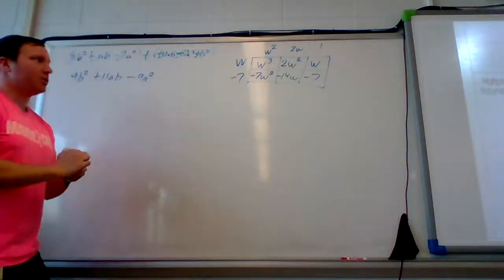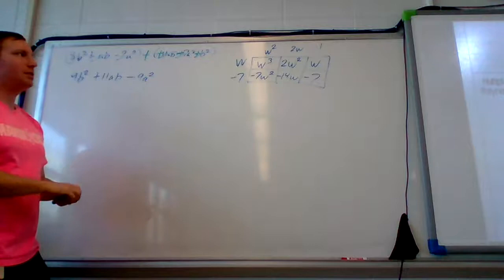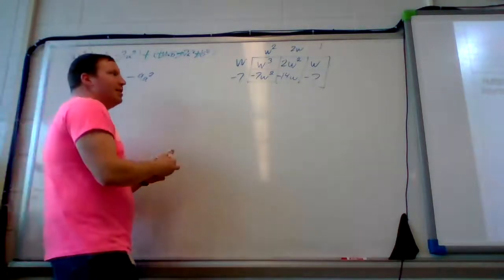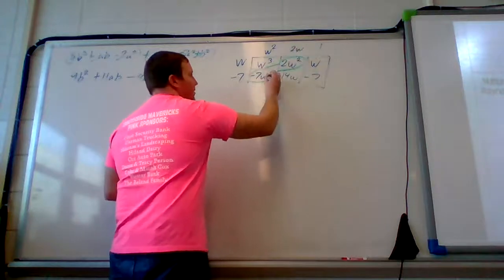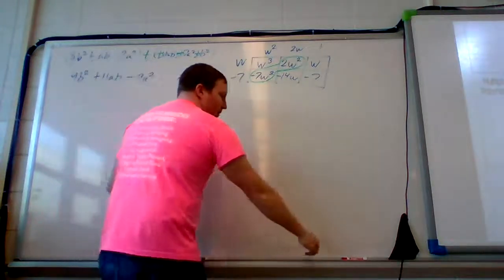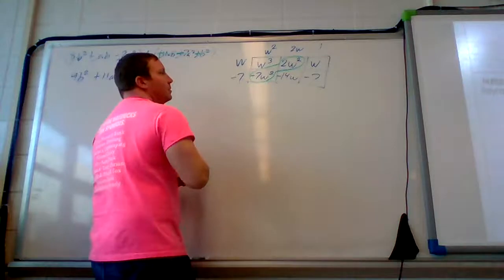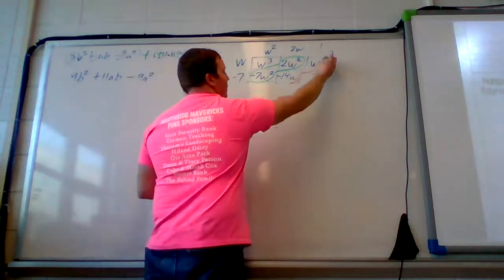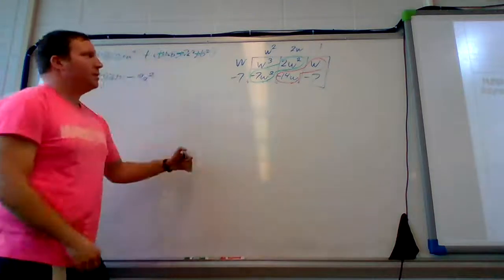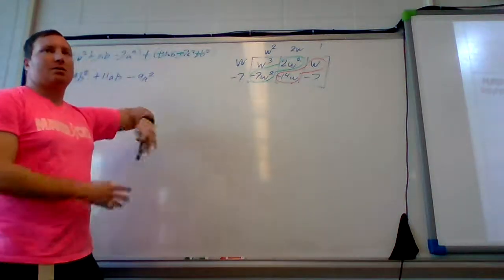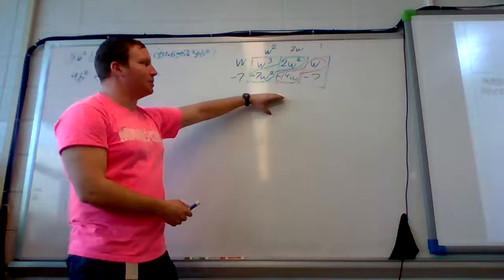Now the reason why I put it in the box is, one, it just keeps everything nice and neat, but also it groups our like terms on a diagonal if everything was going in a descending order. So here's our like terms kind of grouped together. To get outside the box, we combine our like terms and just write it below.